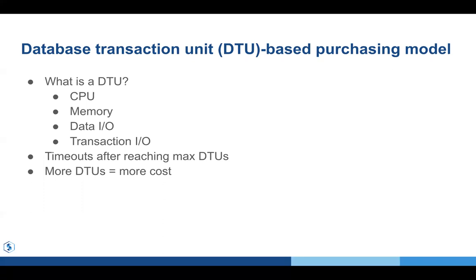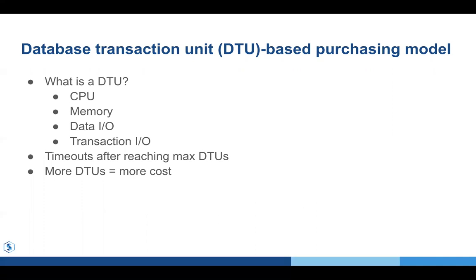I mean, if we have $100 on one instance, the next instance will be double or a little bit more, up until, I think the top for this purchasing model is like 1,600 DTUs, and that means something like $14,000 per month for the database. And if we are going to have that expense, but with a simple application that probably doesn't have more than 1,000 users, it's not good for anyone.